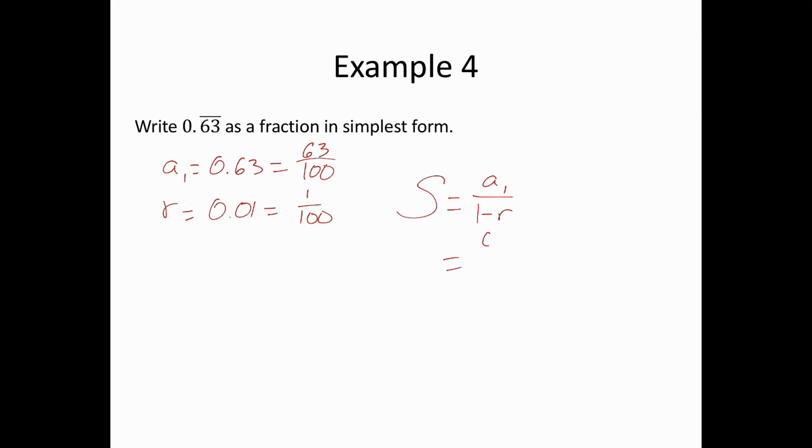First term, 63 over 100, over 1 minus the ratio, which was 1 over 100. Now, fractions inside of fractions I know can be intimidating, but we can do it. We'll make it work. Numerator, still 63 over 100. Denominator, 1 minus 1 over 100 gives us 99 over 100.